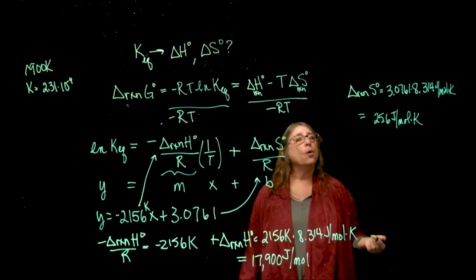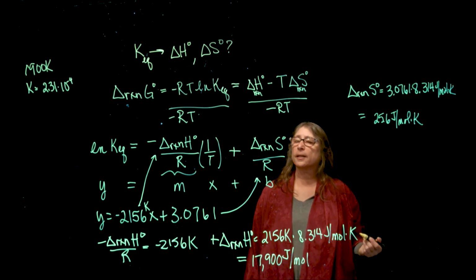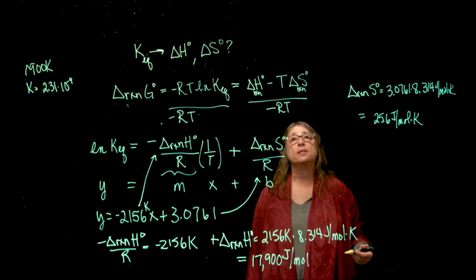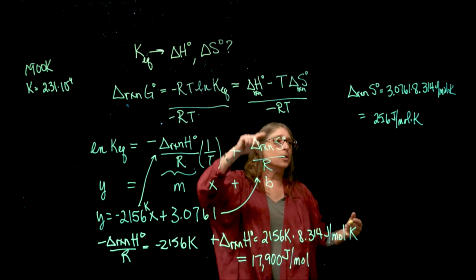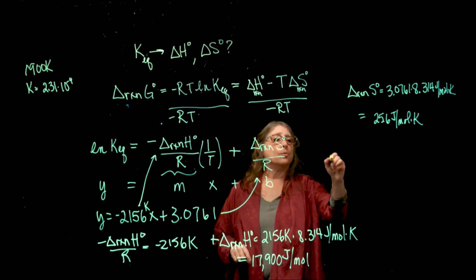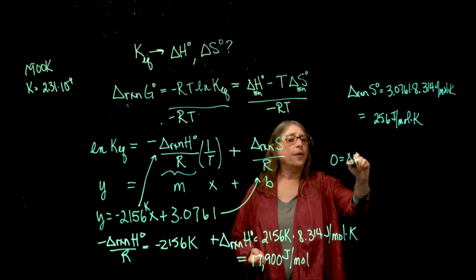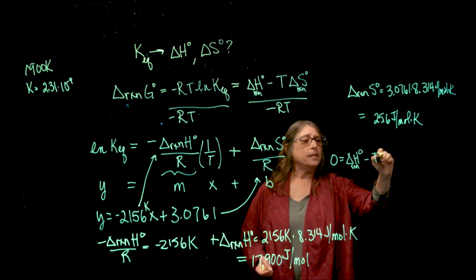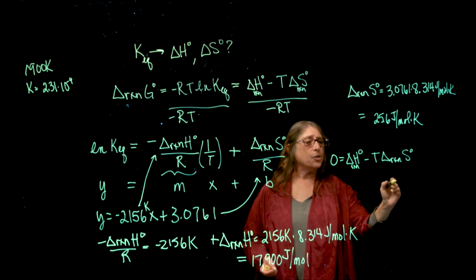Now, if I want to know at what temperature the Gibbs energy of reaction changes sign, that's when it's equal to 0. So I'm going to come back up to this equation and say 0 is equal to the enthalpy of the reaction minus T times the change in the entropy for the reaction.